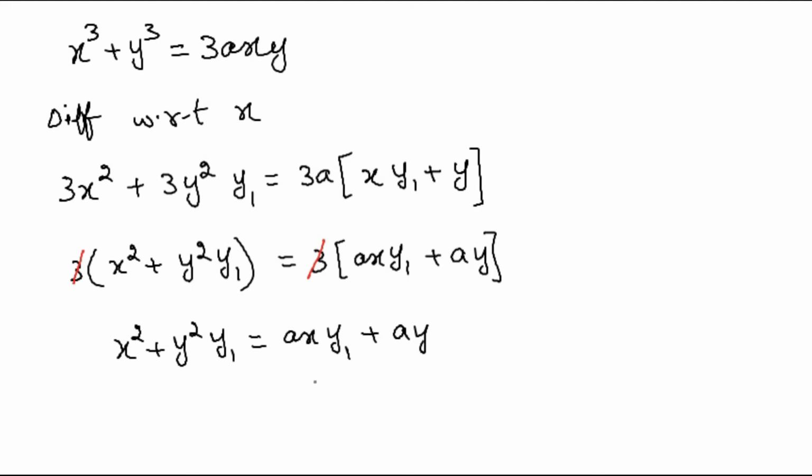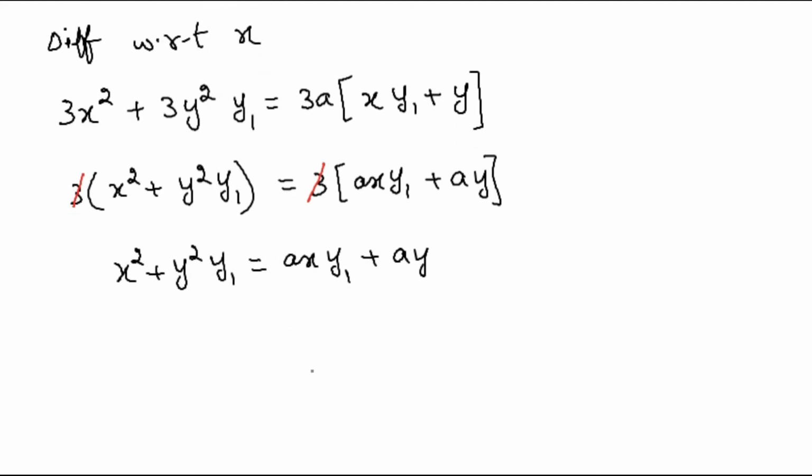So from here I need to find out the value of y1. So let us try to group y1 values. Keeping this y square y1 as it is, send this axy1 on the left hand side, it becomes minus axy1 is equals to, on the right hand side you have y as it is, send this x square on the right hand side, it becomes minus of x square.